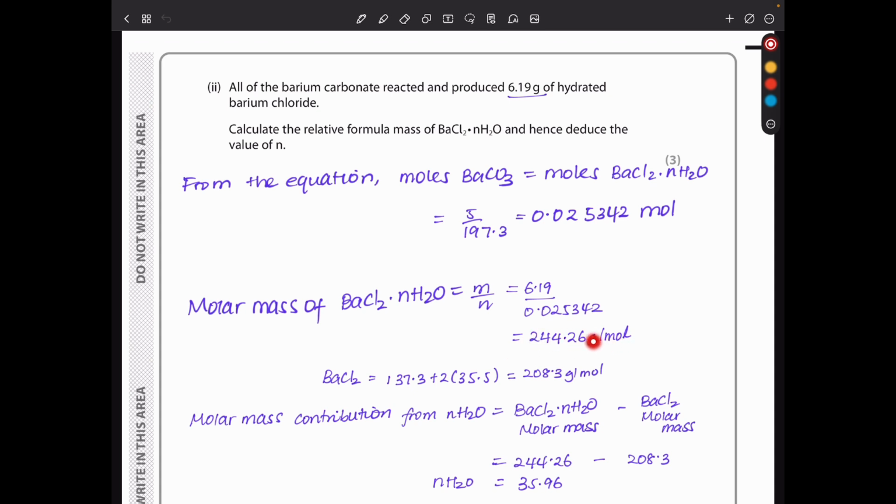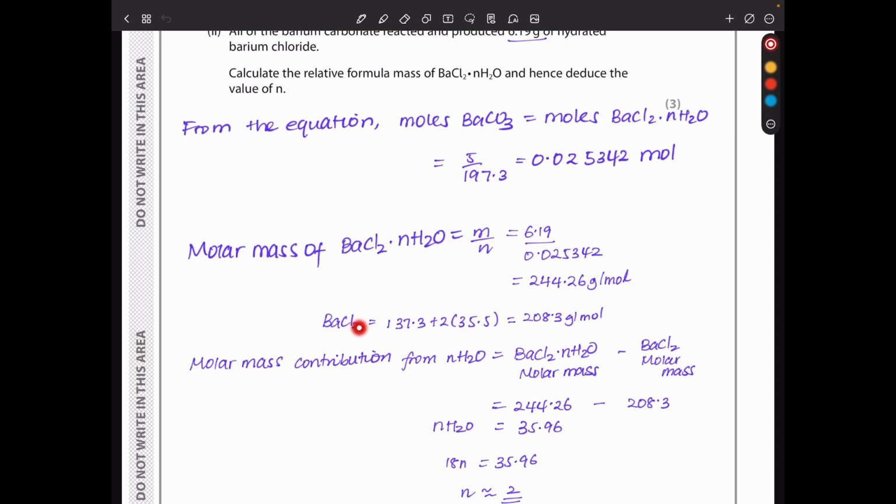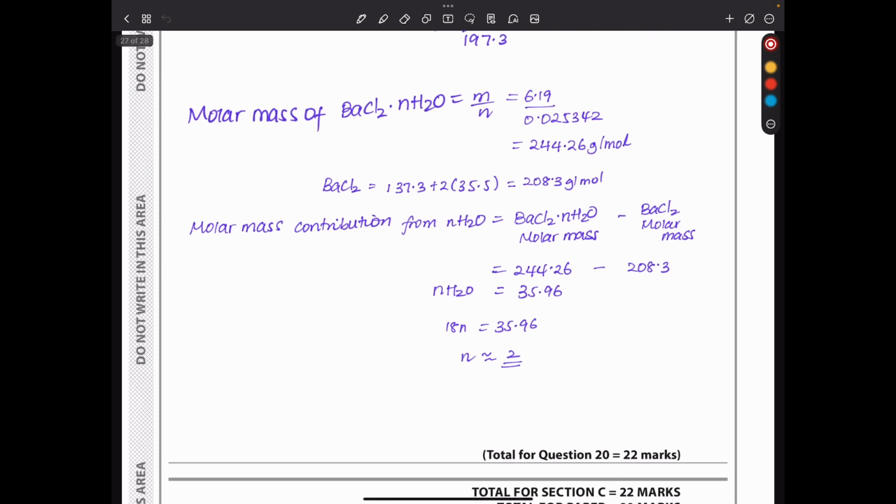So this is the molar mass of the product. And from here, I'm going to subtract the composition from barium chloride. From barium chloride, its composition is 208.3, you would say the molar mass contribution. So that minus that gives us the remaining part, which should correspond to nH2O, giving us 35.96. And so 18n, water is 18 times n. So 18n equals that. Divide by 18, I got 2. So the value is approximately 2.